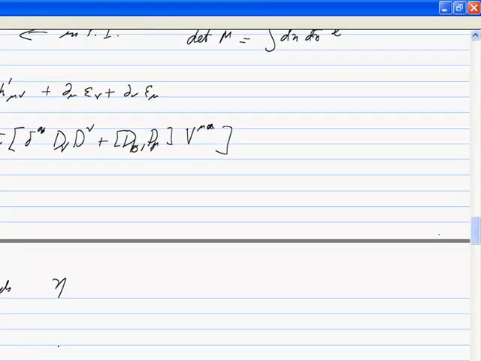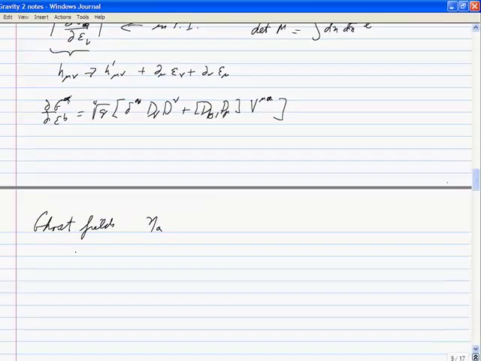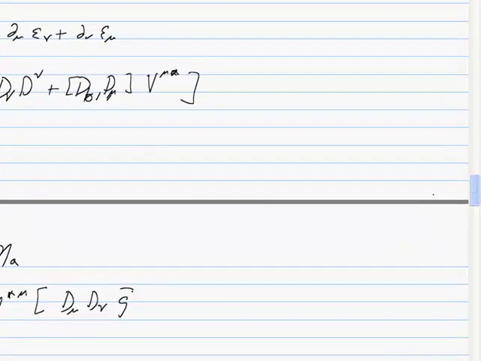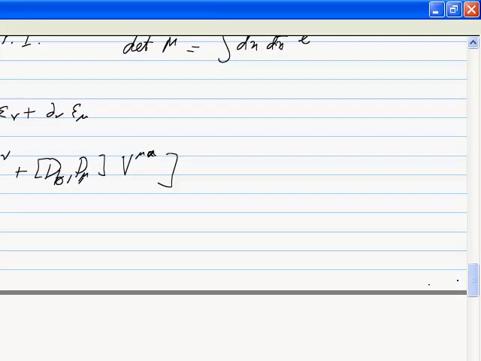They actually live in this Vierbein space, so eta_a, and they're Fermi fields, and the ghost Lagrangian is square root of g, eta star^mu, D_mu D^nu g bar, minus R_mu alpha eta^alpha. So there we are. There it is, because we've converted them back.